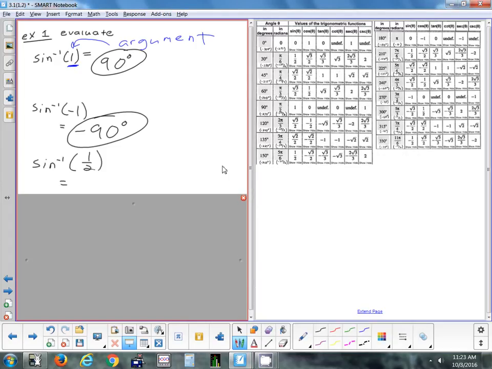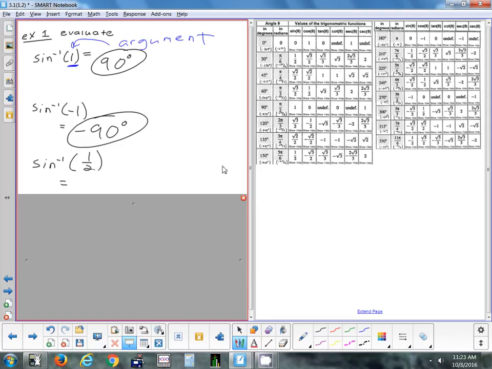Okay, how about inverse sine of 1/2? And this time I think we're going to see it possibly a couple times. So let's write down both answers and then cross out the one that we don't want.